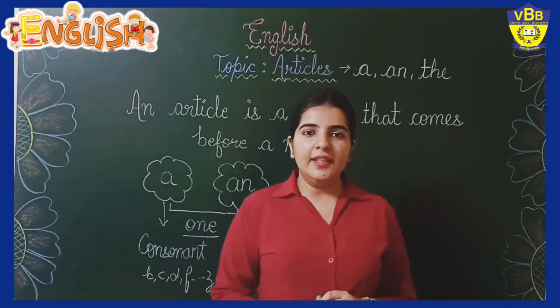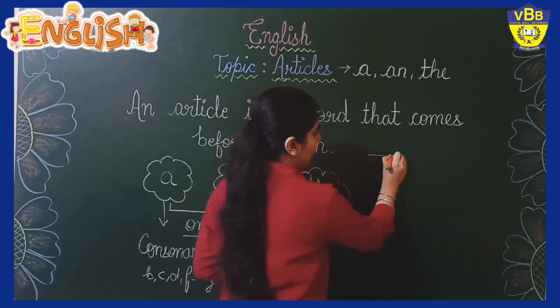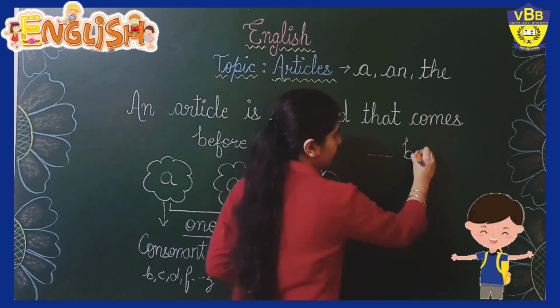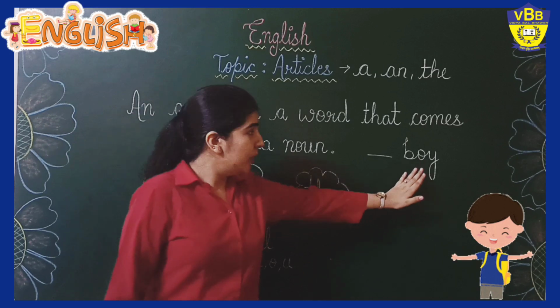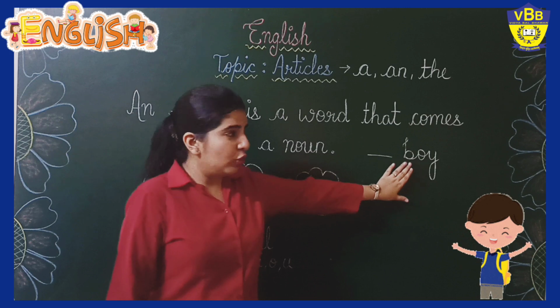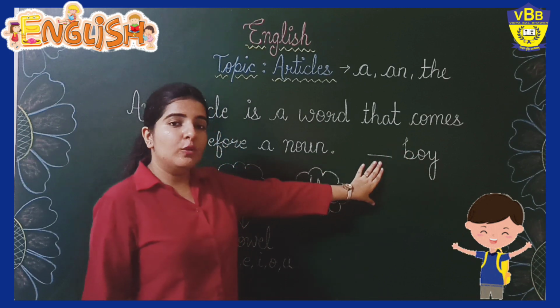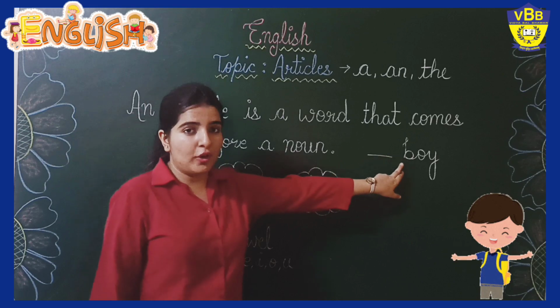Now let us see some examples. If I say dash boy, you know that boy is a noun, a naming word. What are we going to use before the noun boy?